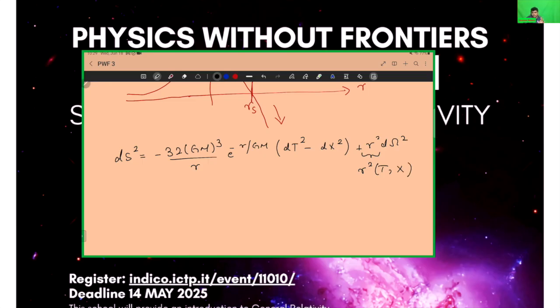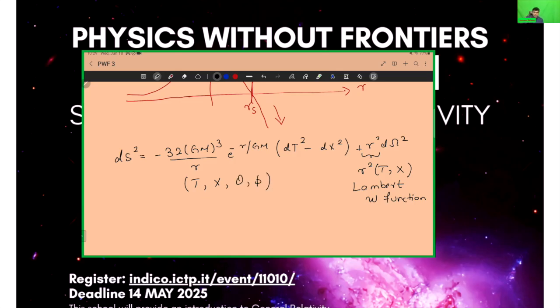If you're interested, it can be written down in terms of the Lambert W function. But rest assured that this thing that's appearing here is still a function of T and X. So this metric tensor is in terms of the T, X, theta, and phi coordinates.